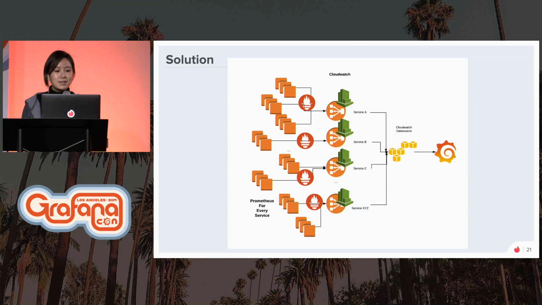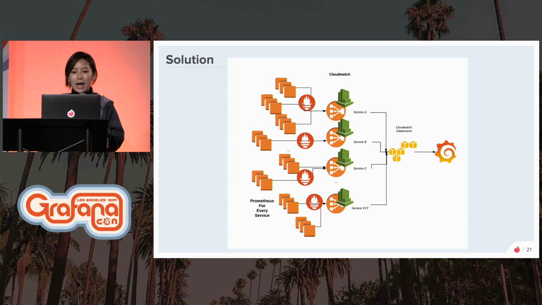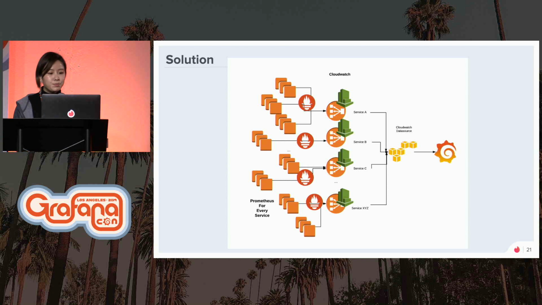This means that each Prometheus server will only scrape the metrics from its assigned service. Also, we have recording rules enabled on different Prometheus servers, which help enhance the querying performance for frequently used expressions and computationally expensive expressions.